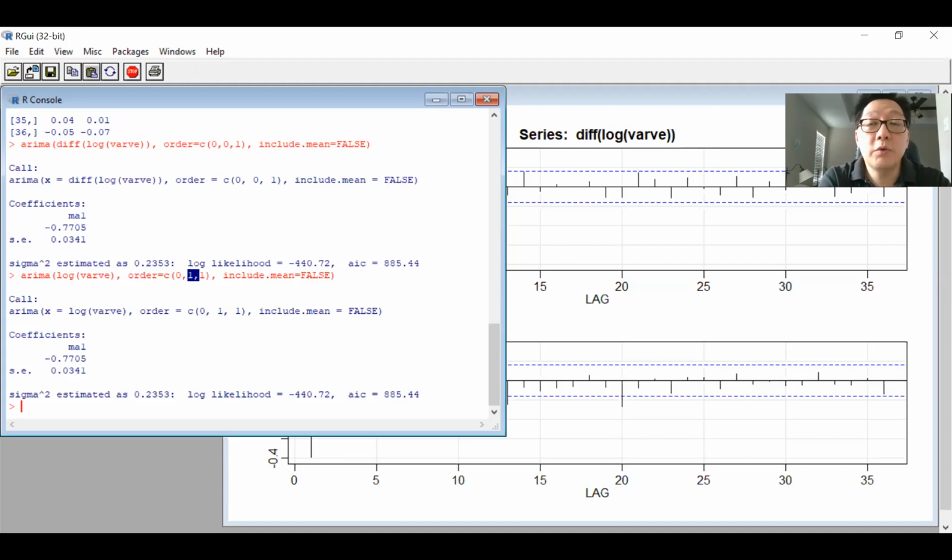So now we do the diagnostics for the fitted model. We chose the MA1 model and estimated the parameter for MA1. But now, in step 4, we have to evaluate and run diagnostics on the chosen model.